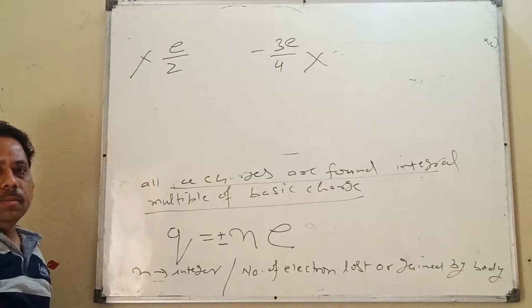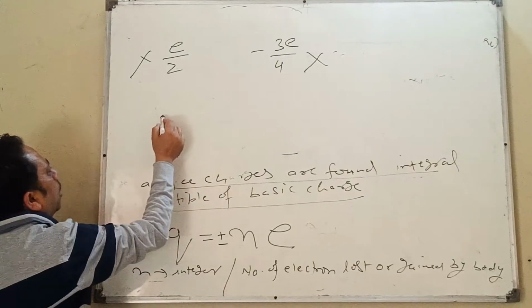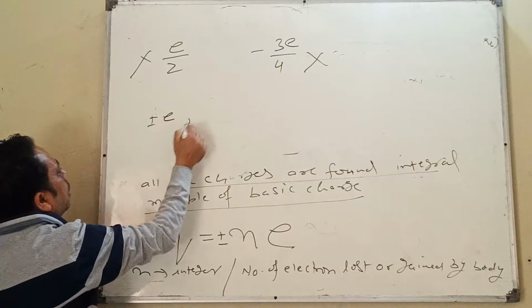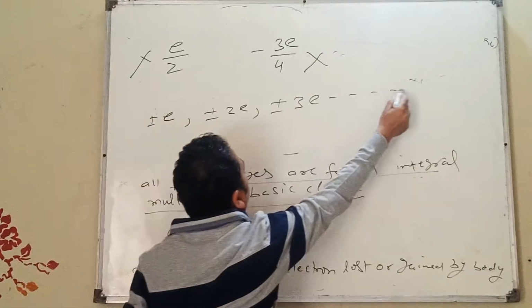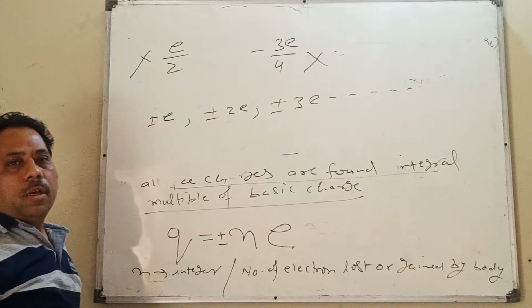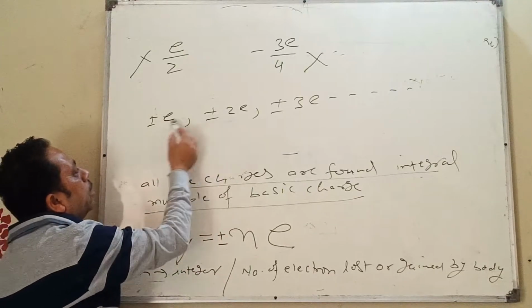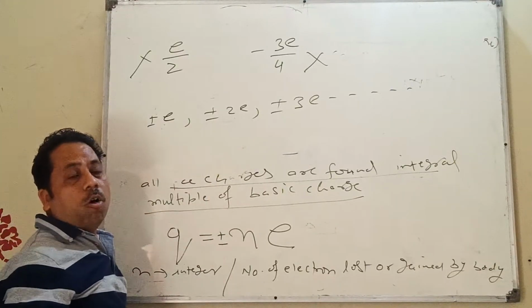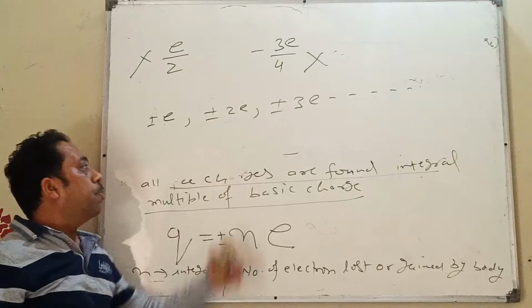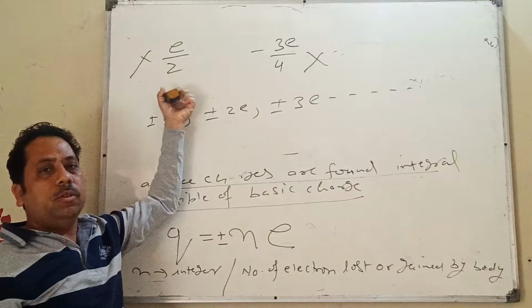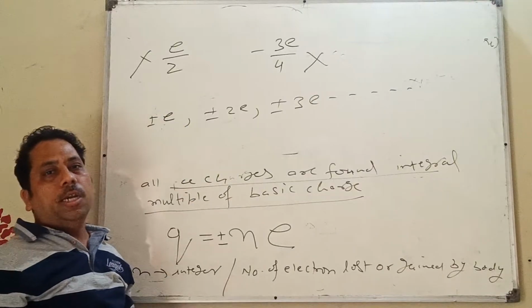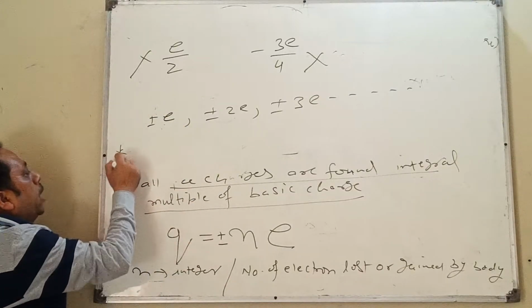No. The charge can be plus minus e, plus minus 2e, plus minus 3e, like that. No values in between e and 2e are possible, that is, in fractions of e.